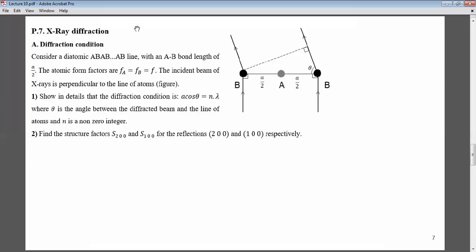We have to look at this triangle, and we have to remember Bragg's law. So what is Bragg's law? This is number 1.